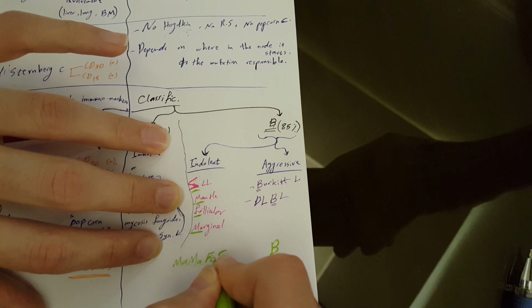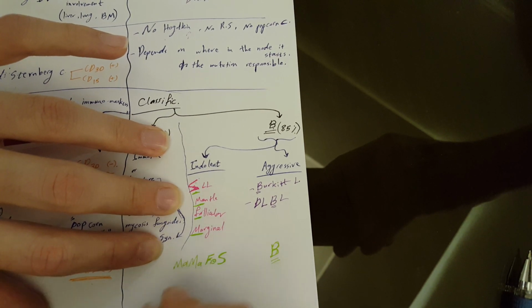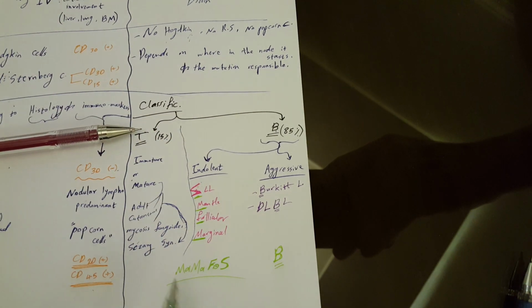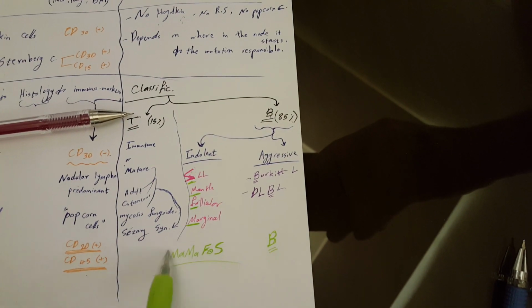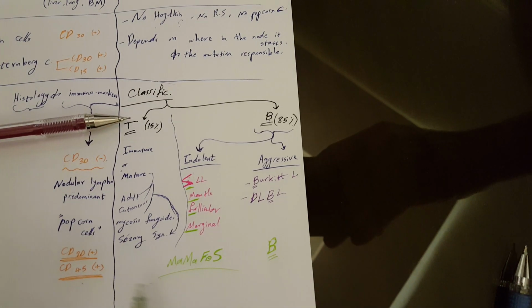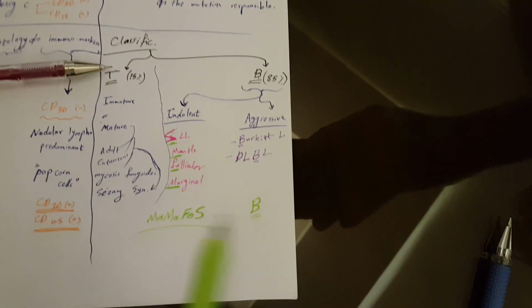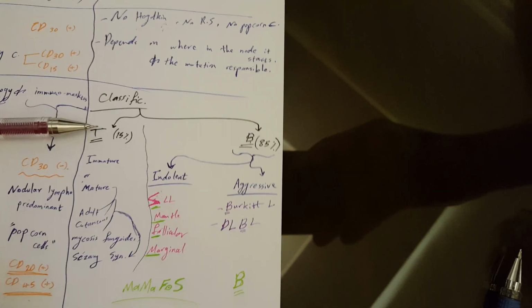Fos has no meaning, so don't try to overanalyze it. I just made up a word and now it's a word in my dictionary. Mama fos. Marginal, mantle, follicular, and S for small. Okay, this is it about the lymphomas.